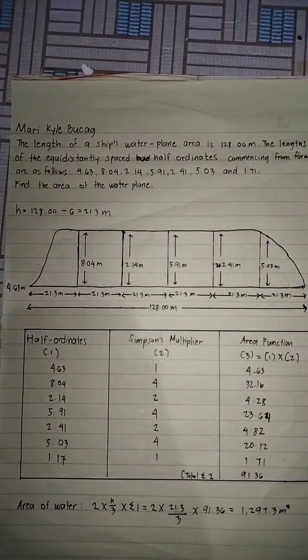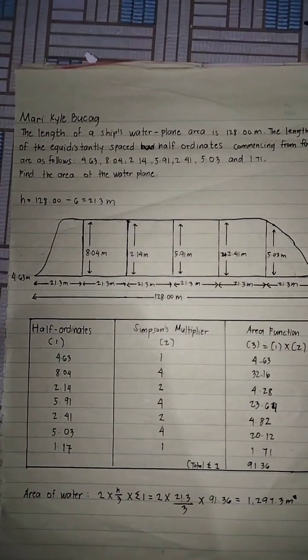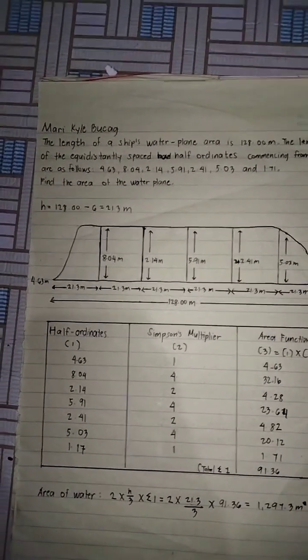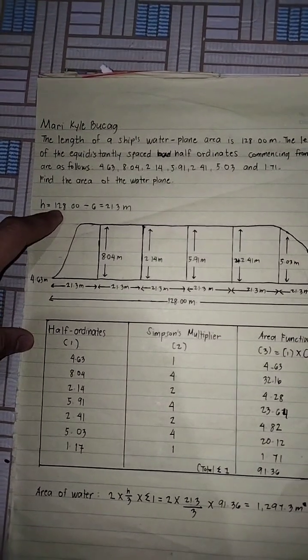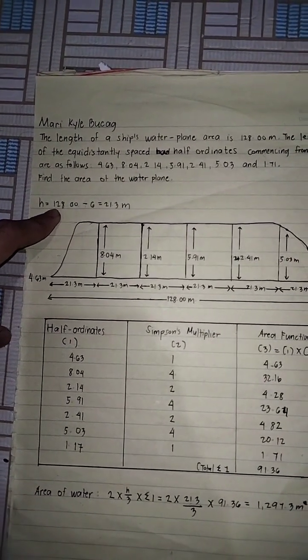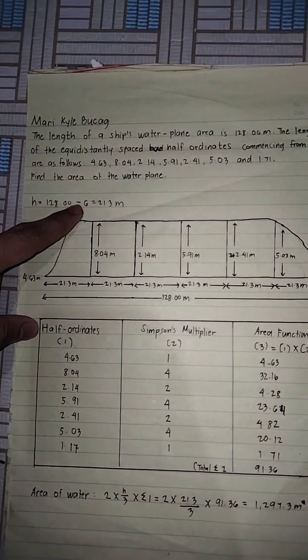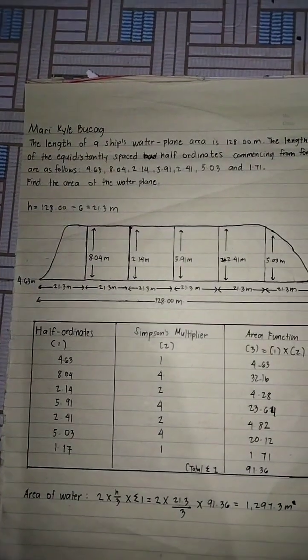First, we need to calculate the interval. In order to calculate the interval, we should have the ship's LOA, which is the length overall. So 128.00 divided by 6 equals 21.3 meters.